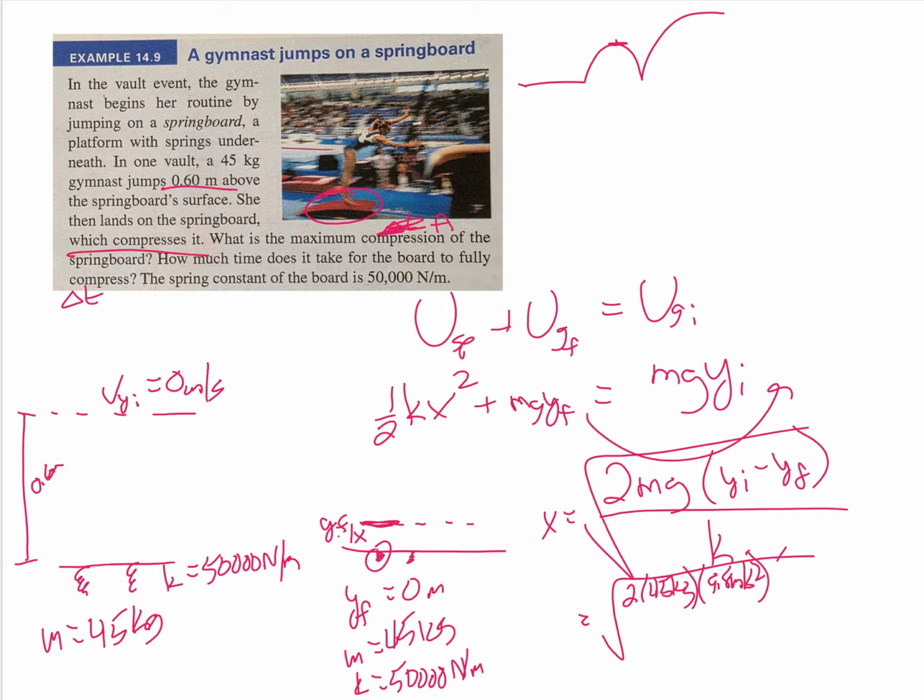And then Y final, what would Y final be? Do we know that? 0? Is it? Okay, so then there would be no gravitational potential final. So what are we doing?